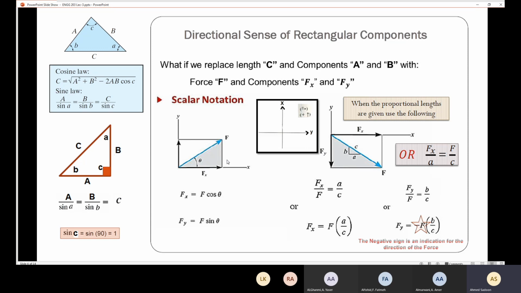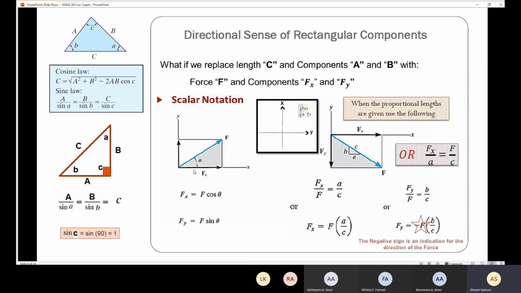But if you remember the trigonometry, if this one is 90 and this one is, let's say, theta, the angle here should equal 90 minus theta. And sine of 90 minus theta is equivalent to cosine theta. So instead of writing sine 90 minus theta, we put cosine theta.